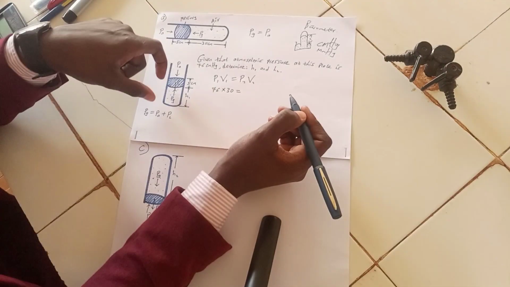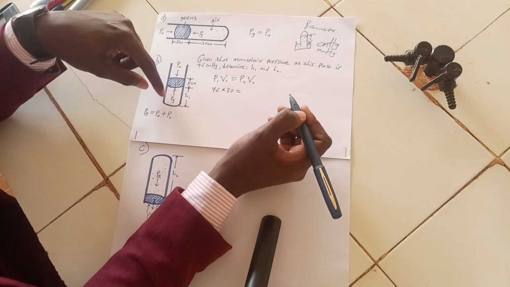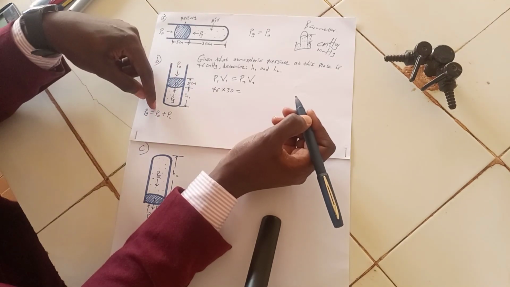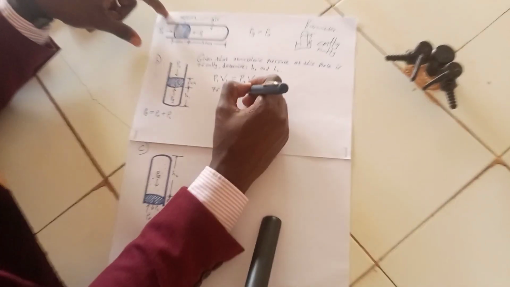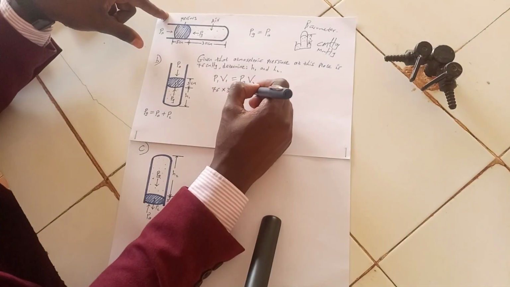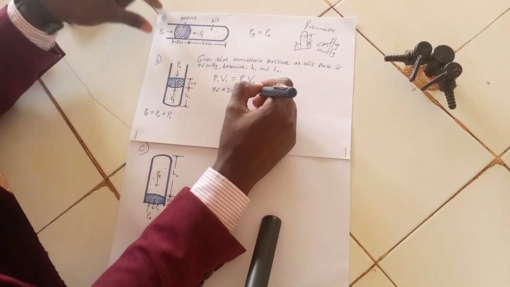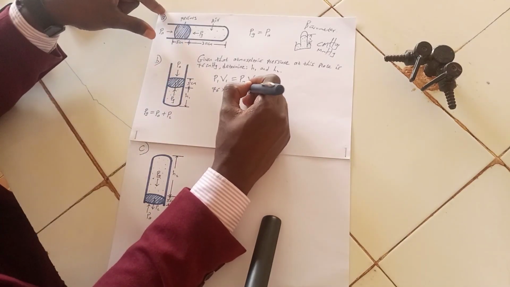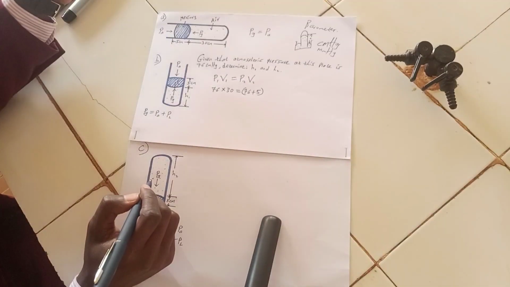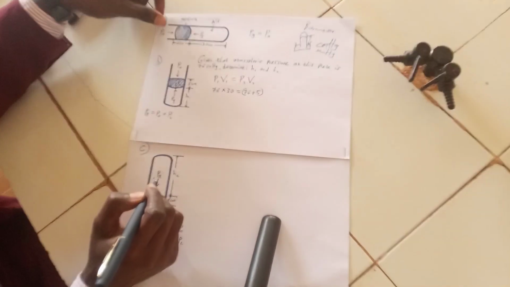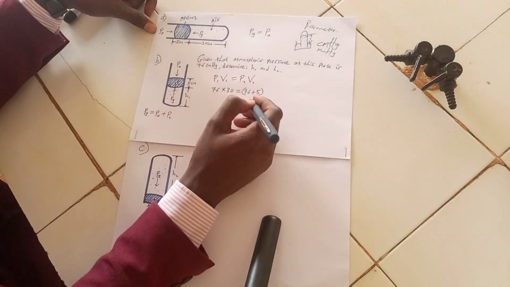Volume 1 is the height. We take the height to be the volume, so that is 30 centimeters. Then pressure 2 is the pressure acting on this gas here, which we know is equal to atmospheric plus PL. So atmospheric is 76 plus PL, pressure due to this liquid, which is 5 centimeters of mercury. Remember, height of mercury is also a unit of pressure.